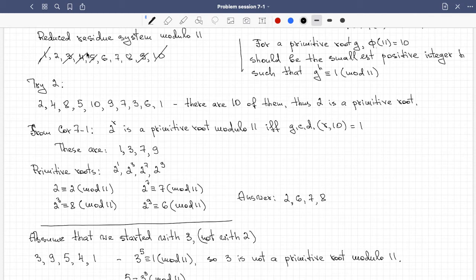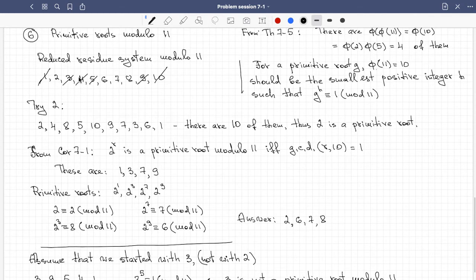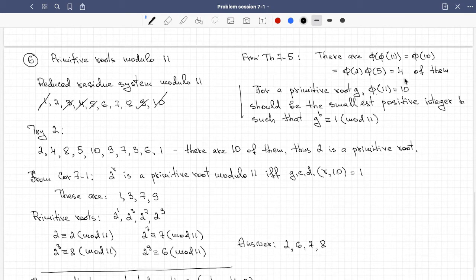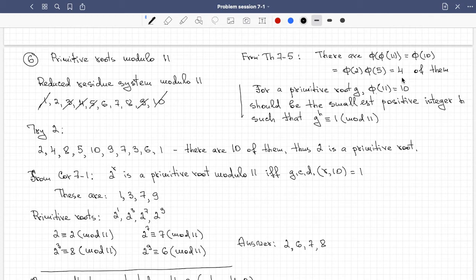What we are left with are 4 suspects: 2, 6, 7, 8. All others are out. But we know that there are exactly 4 primitive roots. That's it. We are done. Those suspects, all 4 of them, must be primitive roots.